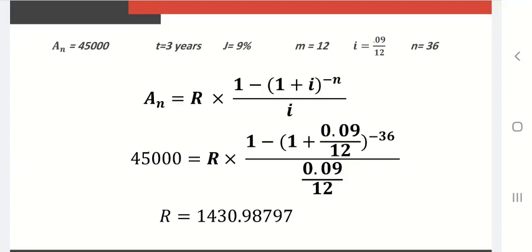The total time is 3 years, and because M equals 12, 3 times 12 equals 36. To get R, we substitute in the formula A sub n equals R times 1 minus 1 plus I to the power negative n over I. So R will be equal to 1430.